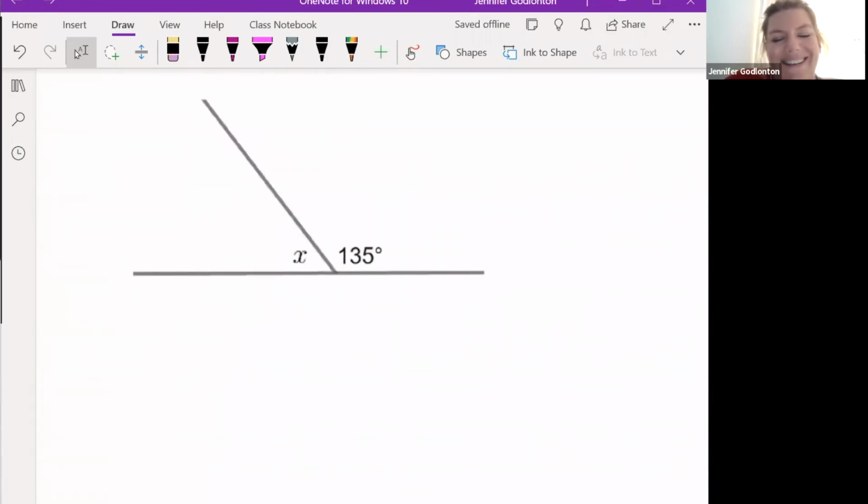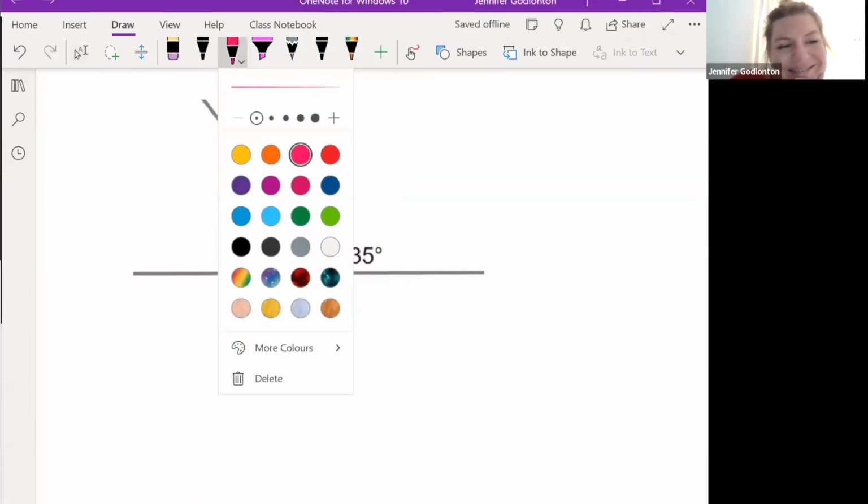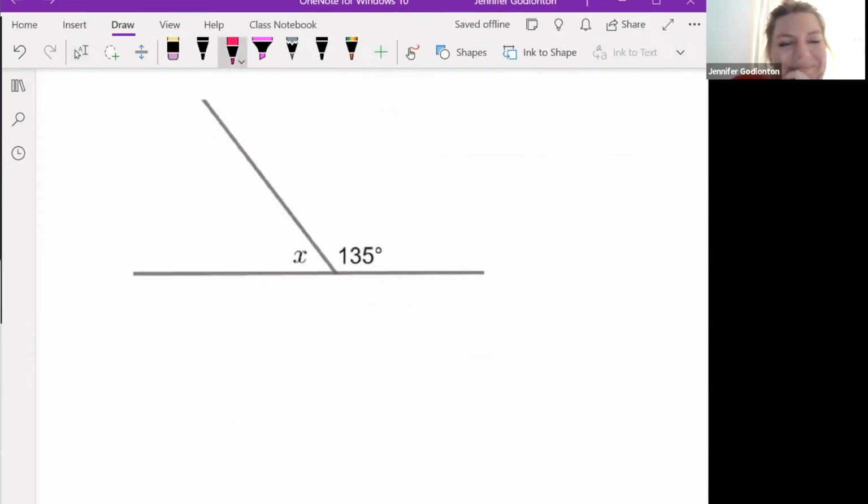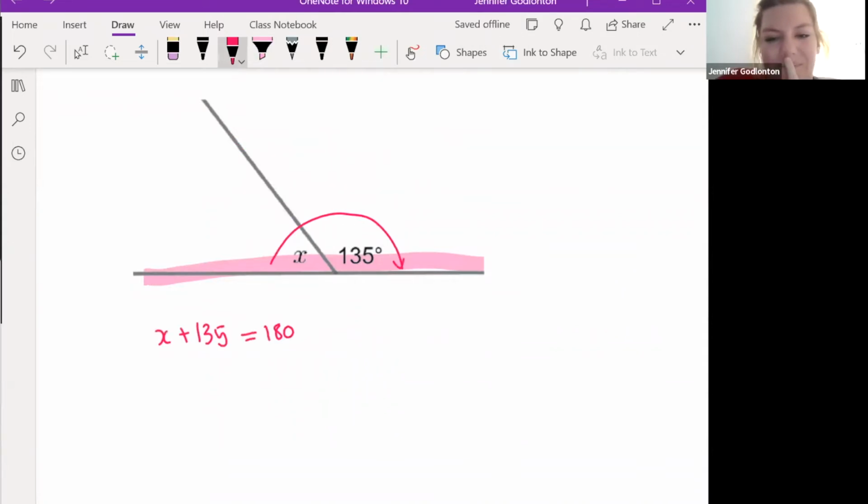Next one. I want to know what X is. Zakanye, can you help me find X? X plus 135 equals 180 degrees. The reason is angles on a straight line. Yes, well done. Angles on a straight line, 100%. So what would I do after that?